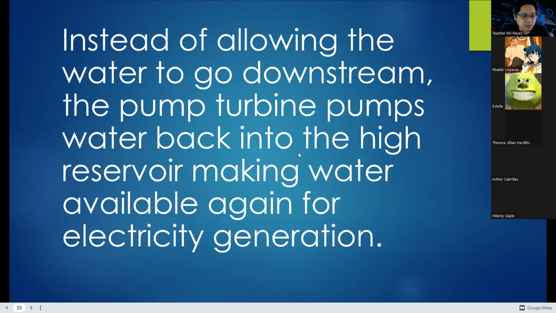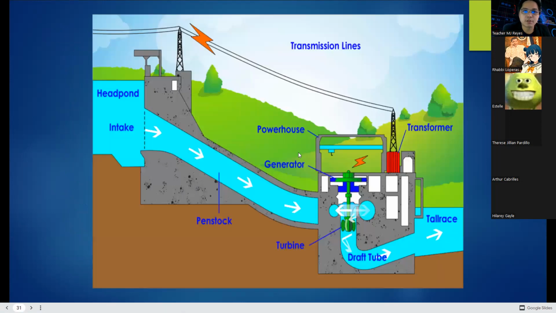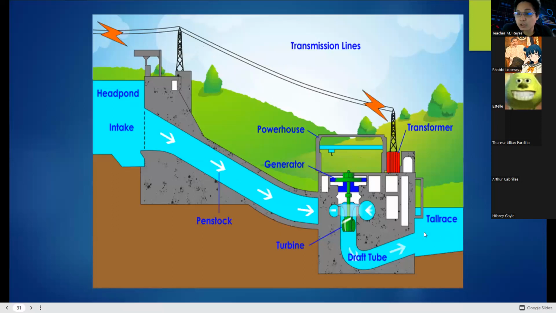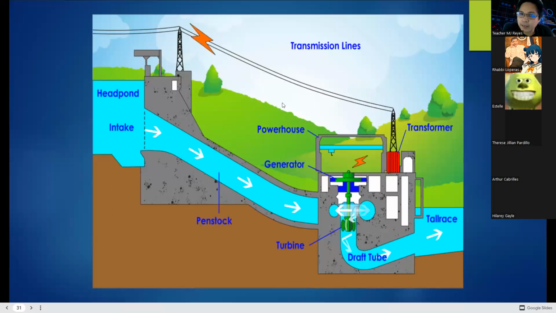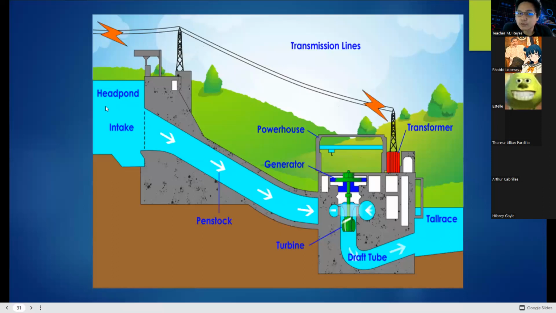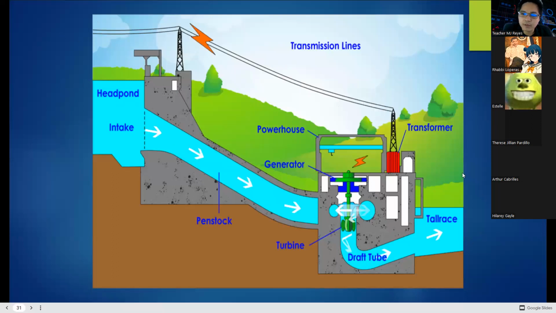So instead of letting the water go back to the main stream, or downstream, it pumps back to the higher reservoir, or the head pond, in order to be available again for electrical generation, and so on.